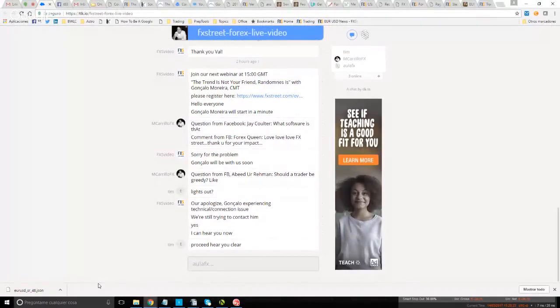Okay. Should a trader be greedy? We have another question. Well, I don't know which definition of greed we would use here, but perhaps I can explain it this way.